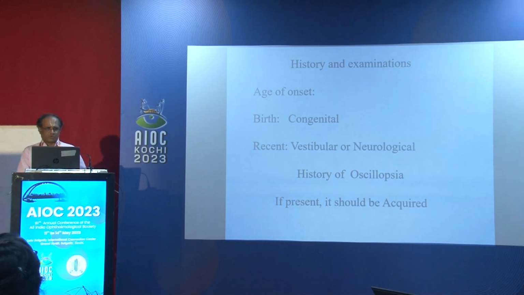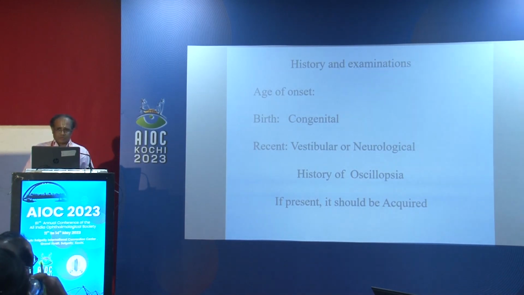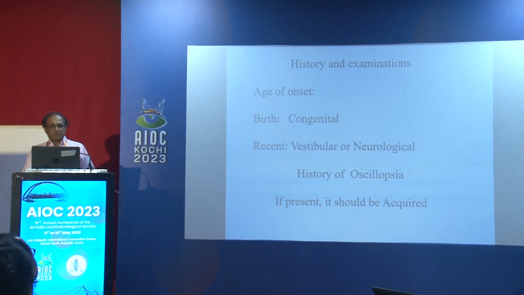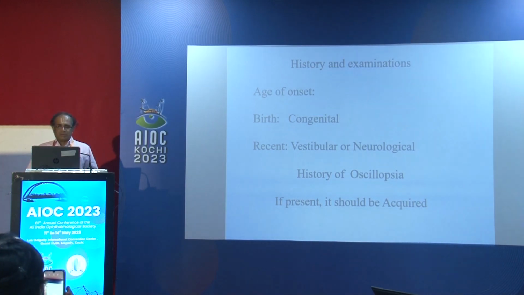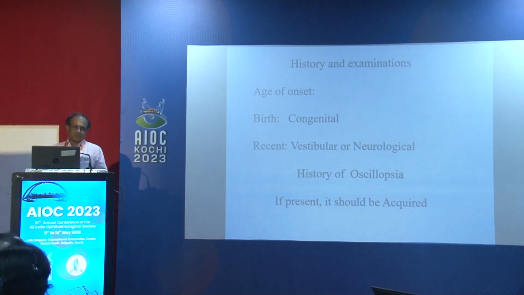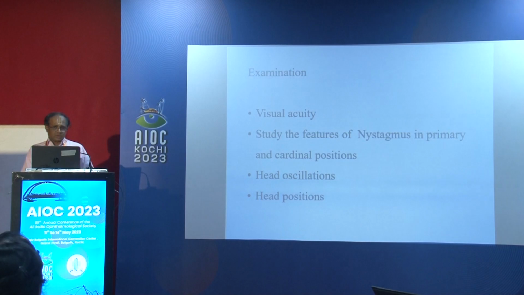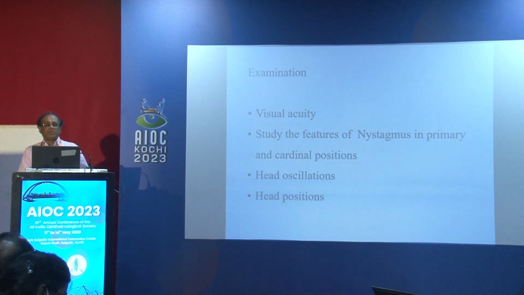So how to approach? There is nothing to fear and nothing to get confused about in dealing with a case of nystagmus. You just have to ask the age of onset, whether it is acute or has been present for a long time, whether it is present from birth, and the history of what the patient says, whether there is a history of oscillopsia, and that shows that it could be an acquired nystagmus.